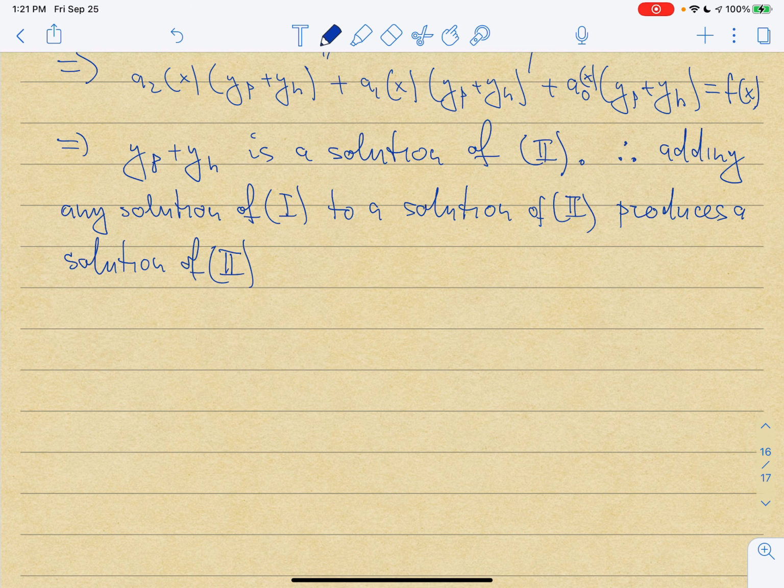Okay, so a solution of a non-homogeneous equation can be obtained by taking another solution of the non-homogeneous equation and adding a solution of the corresponding homogeneous equation to it. So this is called, again, a superposition principle, but now for non-homogeneous ODE.